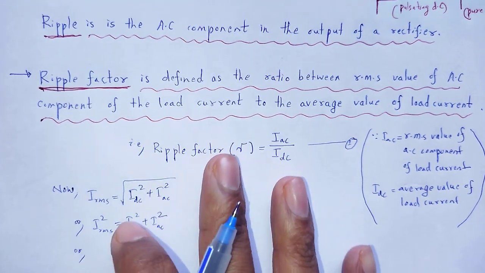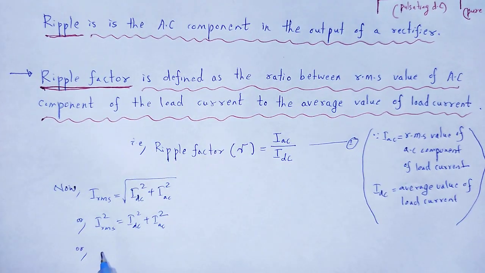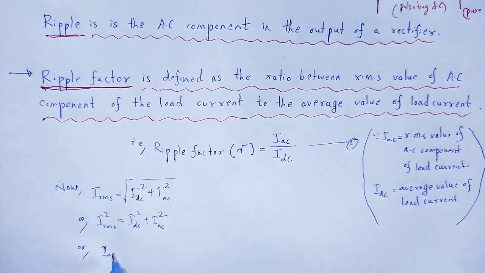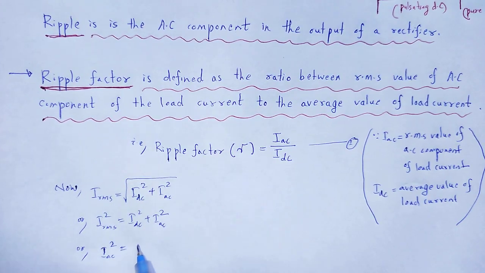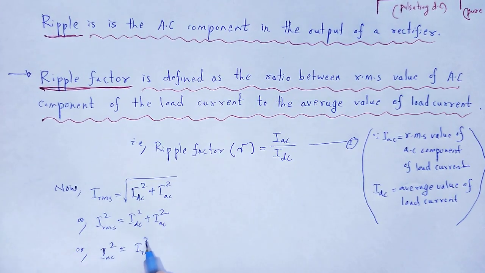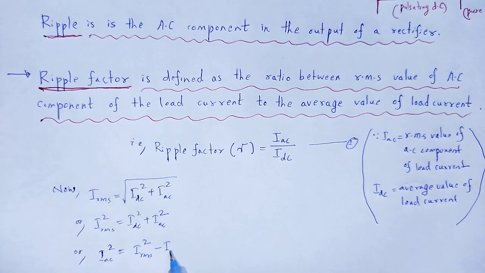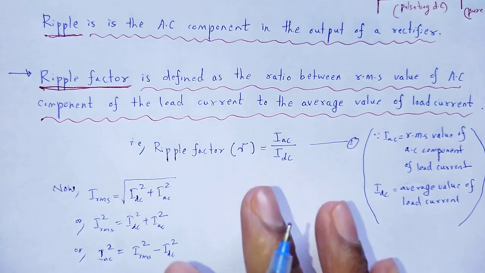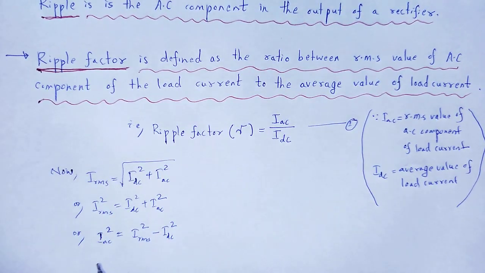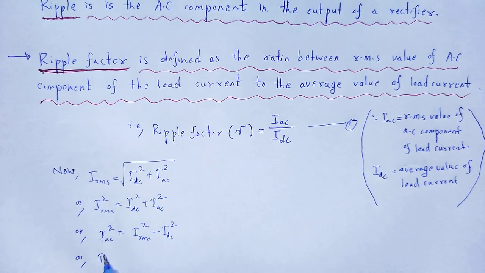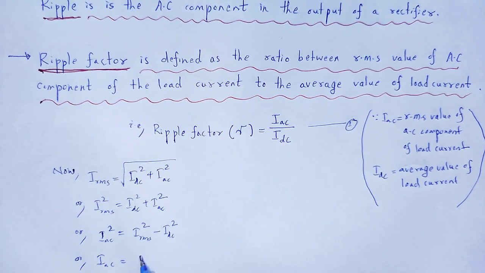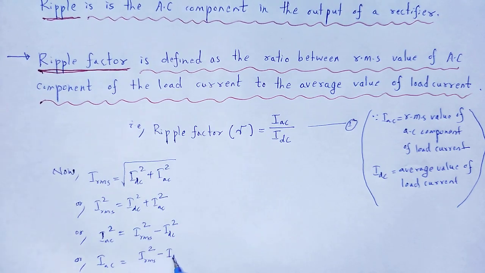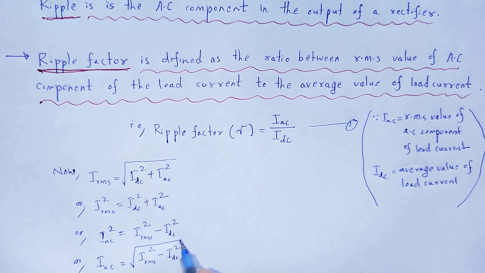From this, I AC square is equal to I RMS square minus I DC square, or simply I AC is equal to the square root of I RMS square minus I DC square.